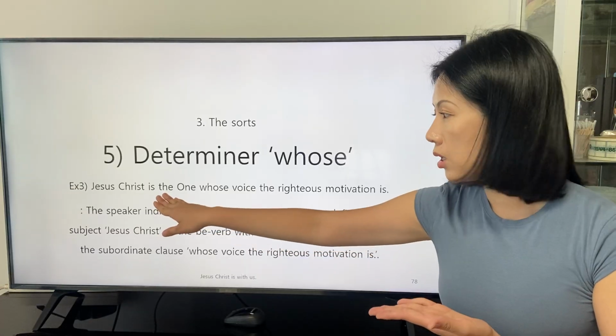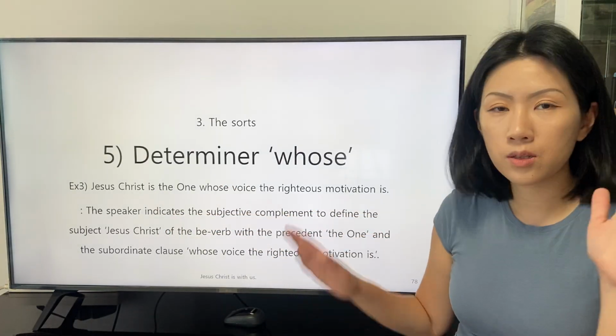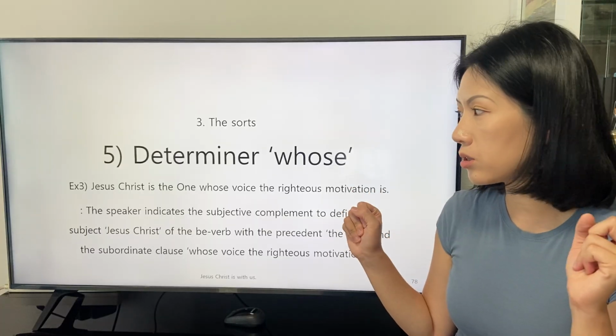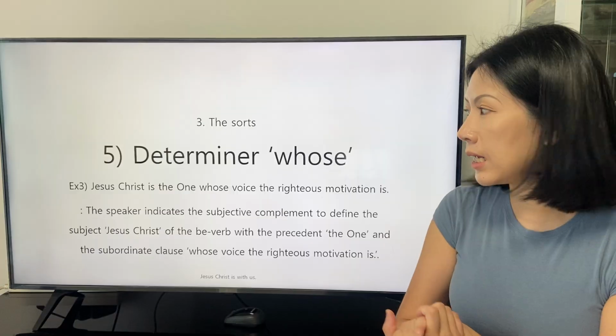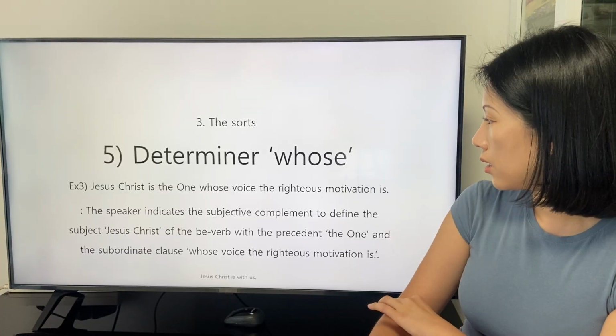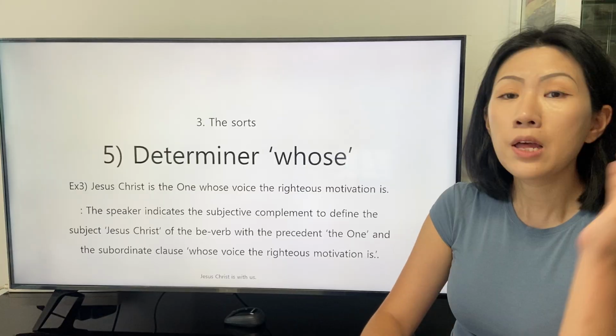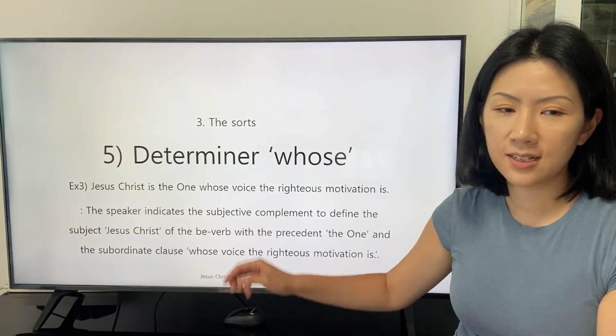So we can break the sentence down into two clauses. Jesus Christ is the one. And the second clause is like this: the one's voice. The righteous motivation is the one's voice.